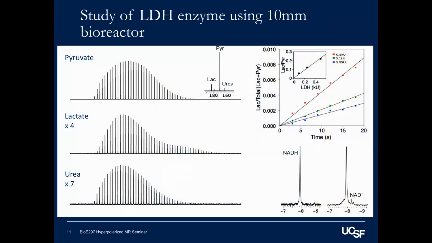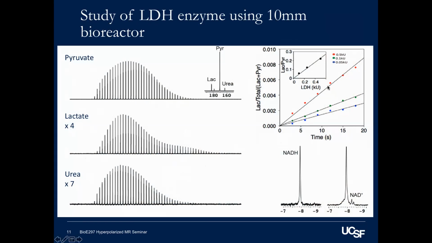Here is an example of using this to encapsulate just the LDH enzyme. What this inset shows is we polarized pyruvate and urea and injected them into these alginate microspheres containing only the LDH enzyme, and you can see the lactate production.